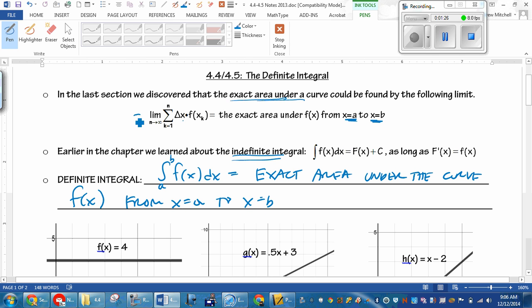So basically this big, nasty, ugly limit that we worked through by hand yesterday is equivalent to the definite integral from a to b of f of x dx.